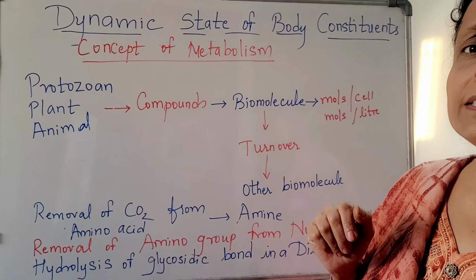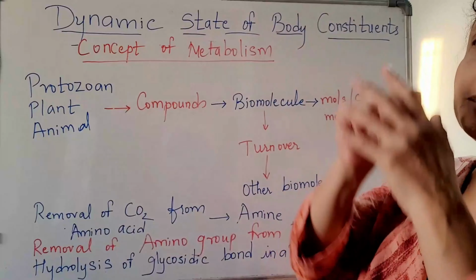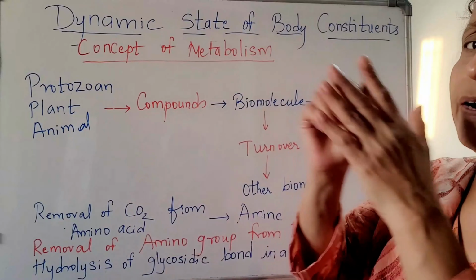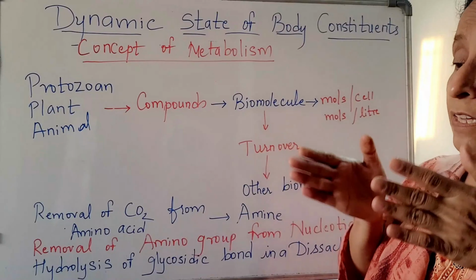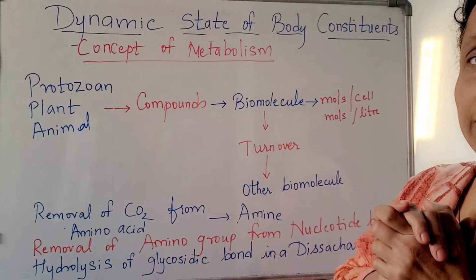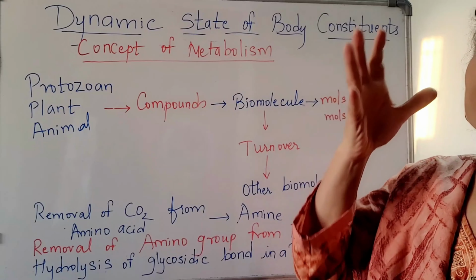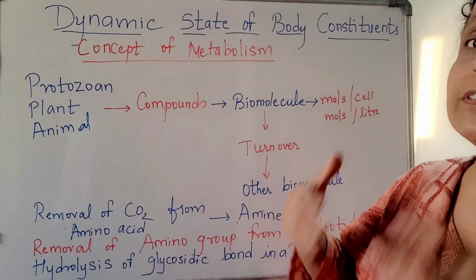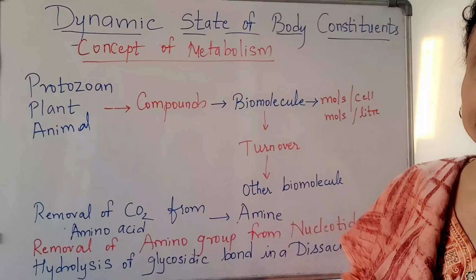It's like city traffic, how the traffic goes on smoothly in a definite path. And remember, here no mishap takes place. The changes take place very smoothly. Now, this process of forming new molecules one after the other is known as metabolism.